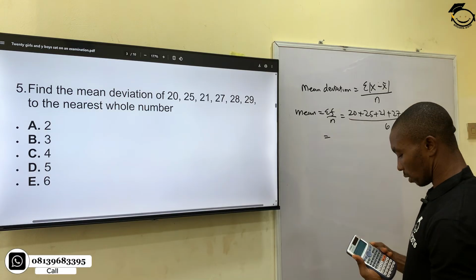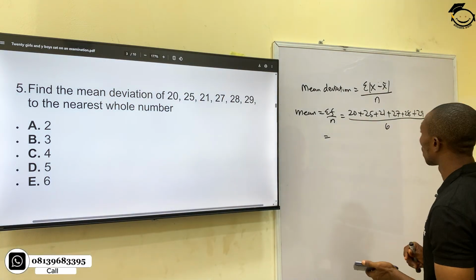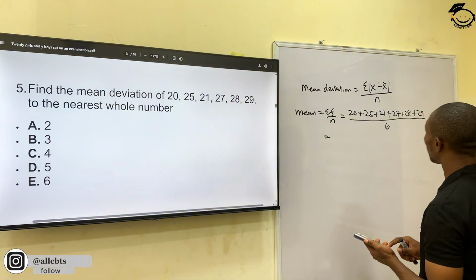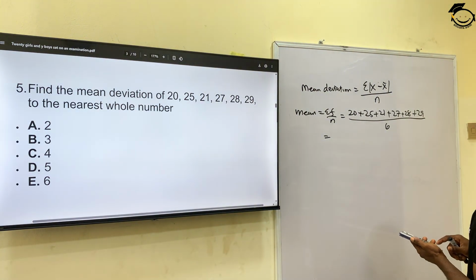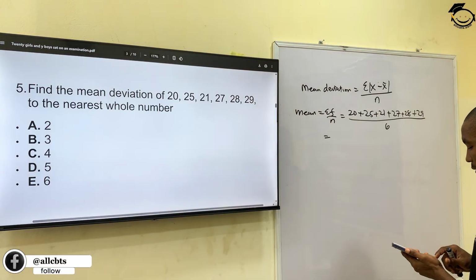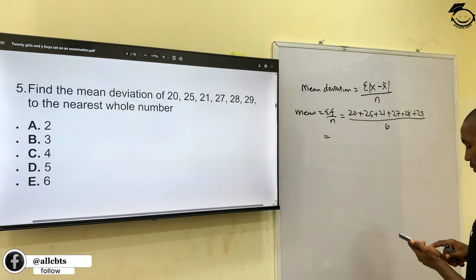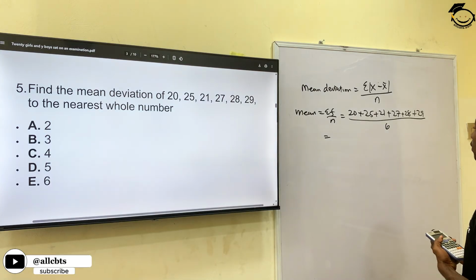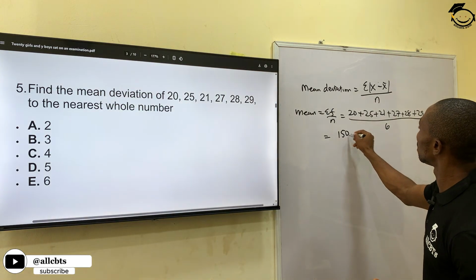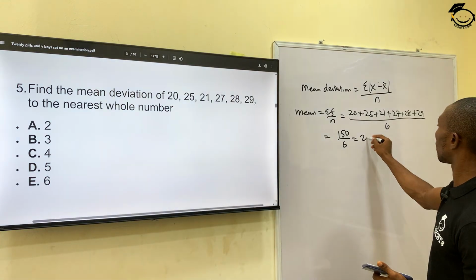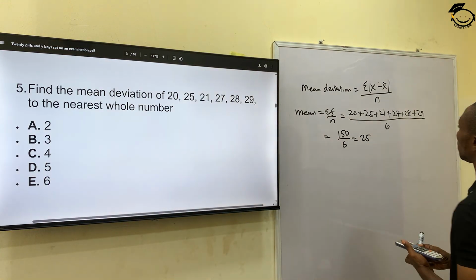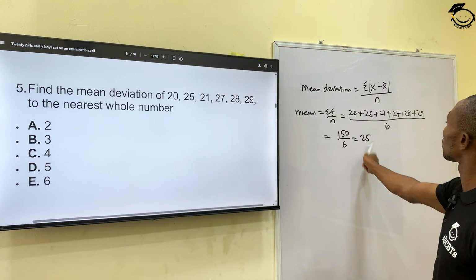This will give us 45 plus 48 plus 57, which is 150 divided by 6, 25. So our mean mark is 25.